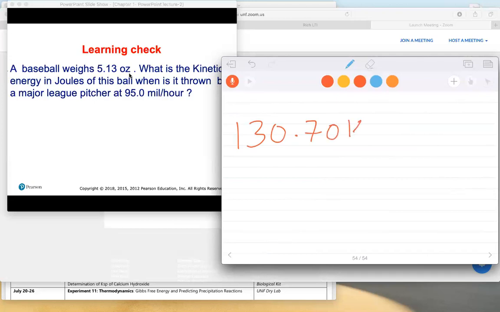This is now kg meter squared per second squared, because we were squaring the velocity. This is the same as joules. In multiple choice, it might give you only 130.7 joules.